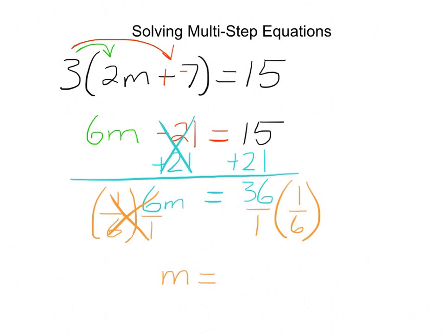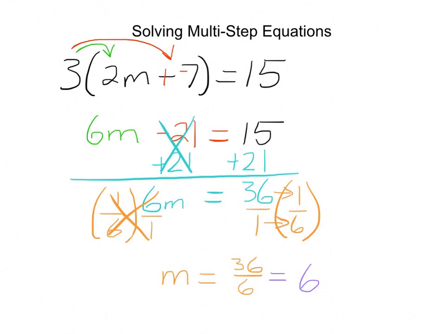And then on the right-hand side, I multiply straight across, and I end up with 36 over 6. As always, our last step is to simplify the fraction if possible, and in this particular case it is possible. 36 over 6 simplifies to 6. So our final answer for this problem would be that m is equal to 6.